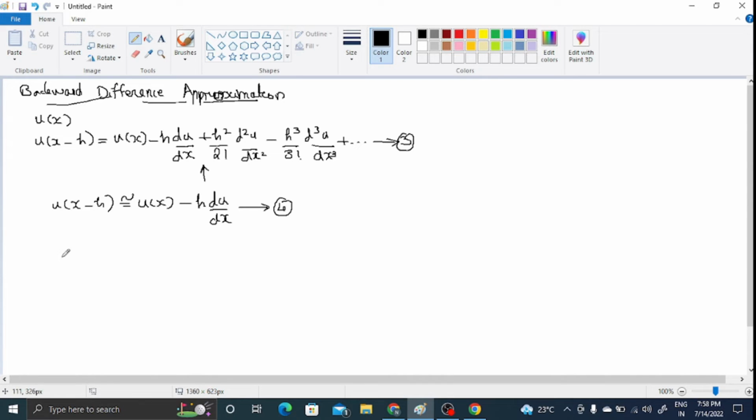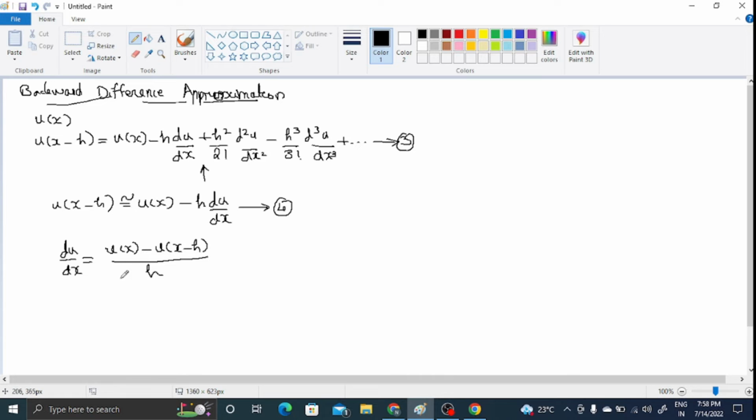Very good, very good. So here du by dx is equal to u of x minus u of x minus h divided by h. So this is du by dx, where u of x is the current point, u of x minus h is the previous point, divided by h.